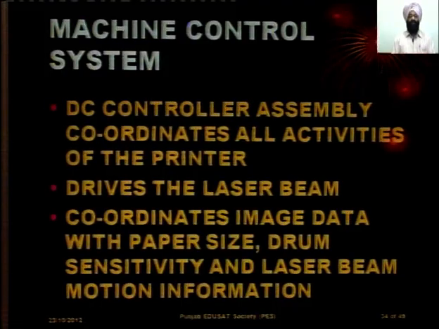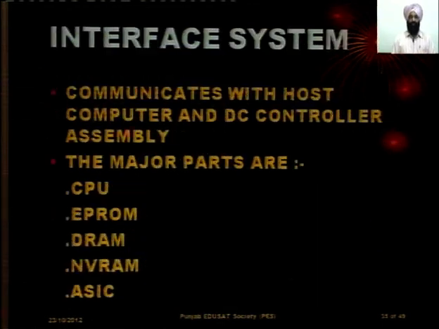The machine control system has a DC controller assembly which coordinates all activities of the printer. It drives the laser beam. It coordinates image data with paper size, drum sensitivity, and laser beam motion information. The interface system communicates with the host computer and the DC controller assembly.